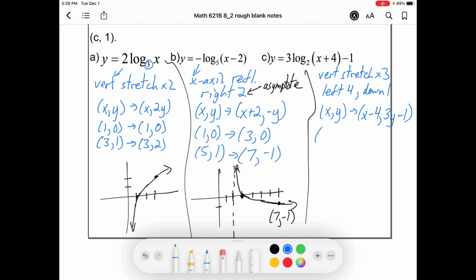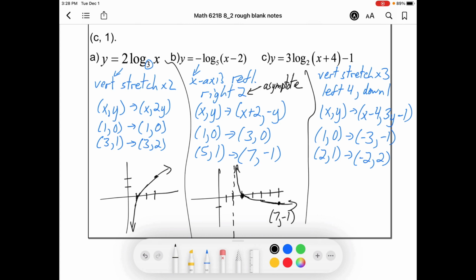We're going to apply that to key points. So we have the point (1, 0) and the point (2, 1). Let's see what happens. 1 minus 4, that's negative 3. 3 times 0 is 0, and then minus 1 gives us negative 1. Let's grab another point. 2 minus 4 is negative 2. 3 times 1 is 3, minus 1 is 2.